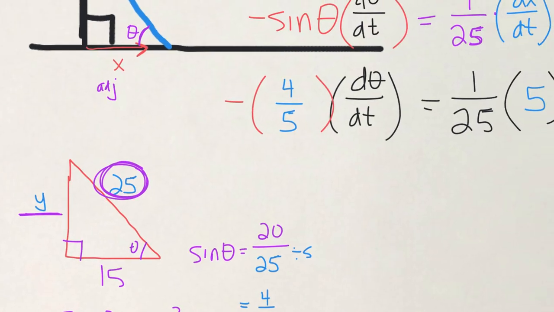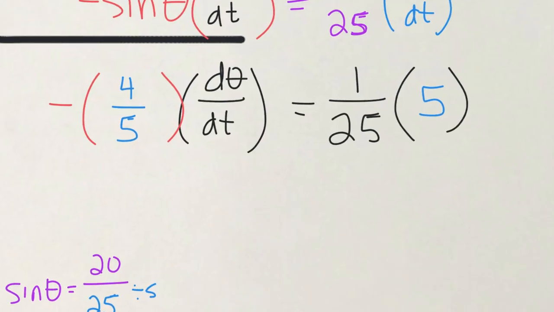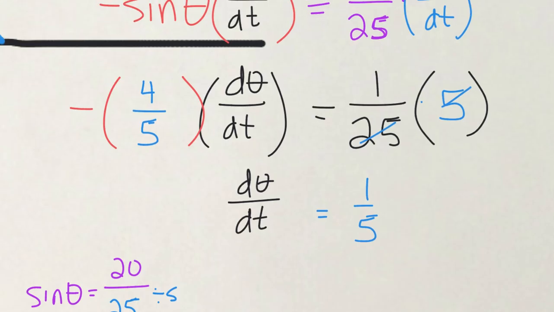So now that we have all of our information, let's go ahead and do some simplifying. 5 times 1 over 25 reduces to 1/5. And then if I want to get rid of the negative 4/5, I'm going to multiply by its reciprocal. What is the reciprocal of 4/5? 5/4.